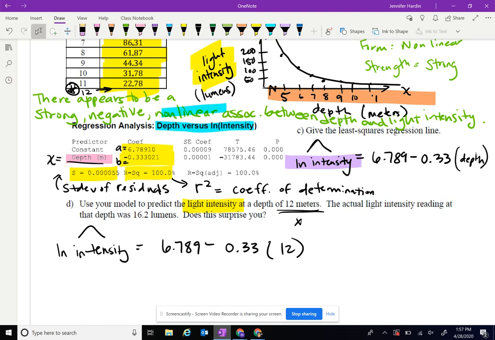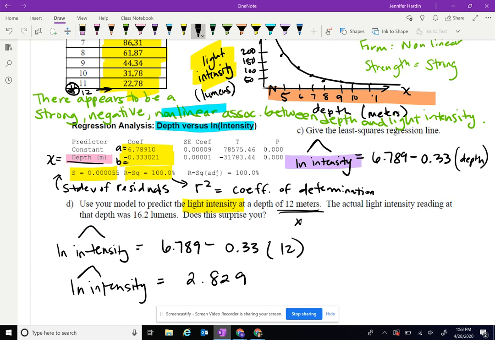Then subtract. I'm predicting the light intensity's natural log should be 2.829. Okay. So now we still have one more step.